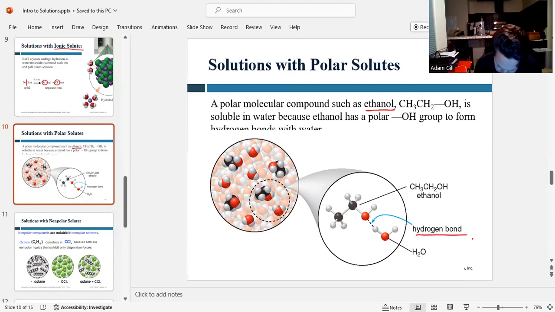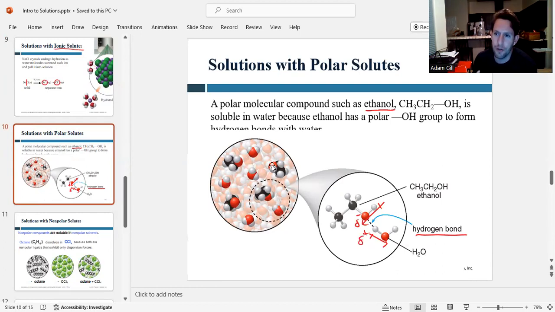That hydrogen bond is because of the partial positive on this water molecule and the partial negative of this one. And so the partial negative lines up with the partial positive, and they are attracted to each other, and that allows them to mix. And so ethanol is the regular alcohol that people drink. And so this would be like what happens in, say, vodka or something.